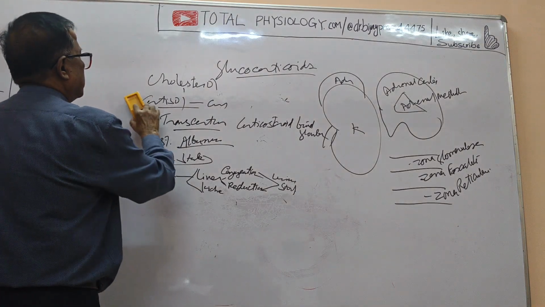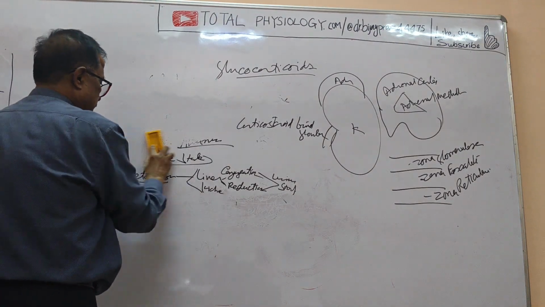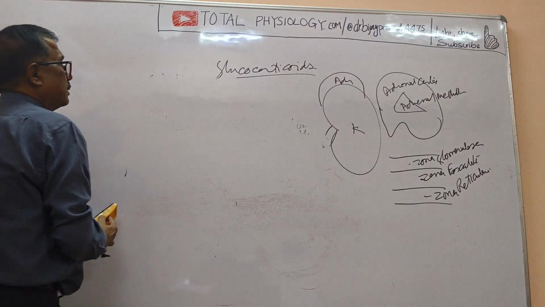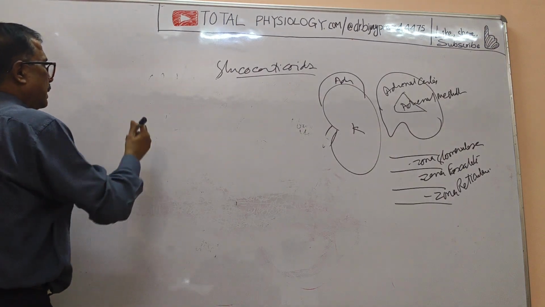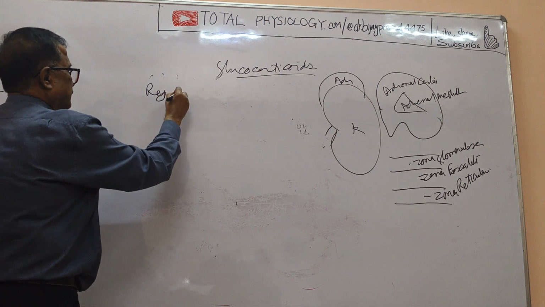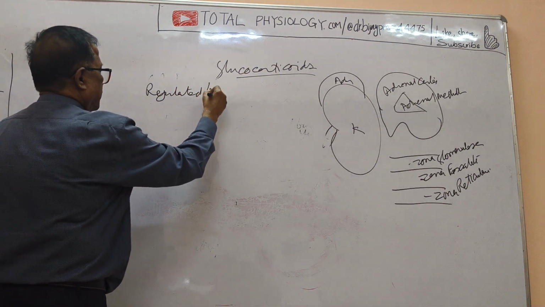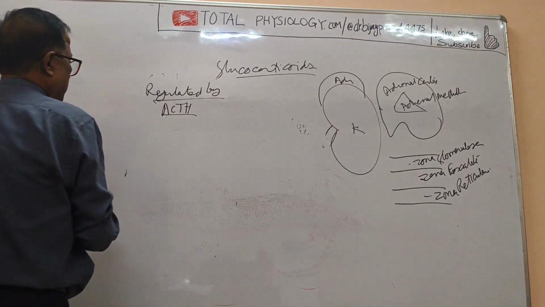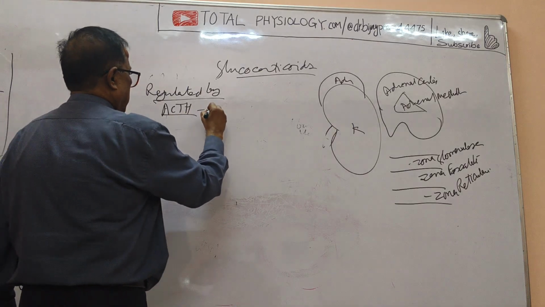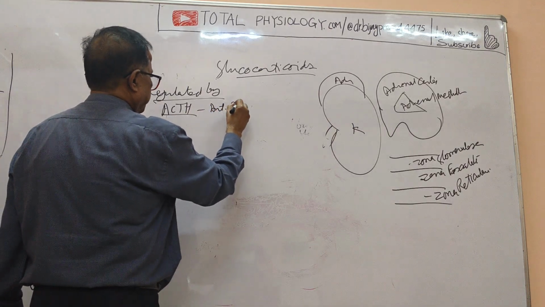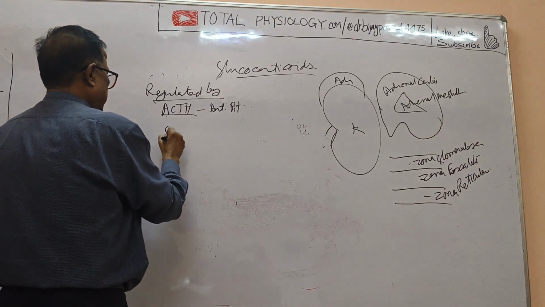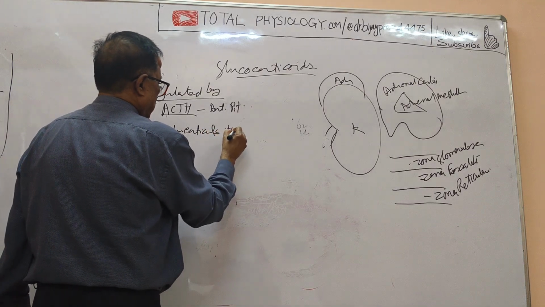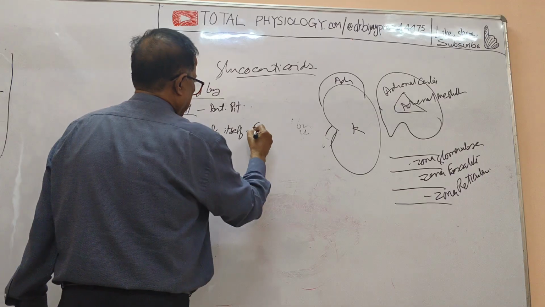Now, regulation of synthesis. How is this synthesized? Synthesis of glucocorticoid is regulated by ACTH, adrenocorticotropic hormone released from the anterior pituitary, and second, by glucocorticoids themselves by a feedback mechanism.